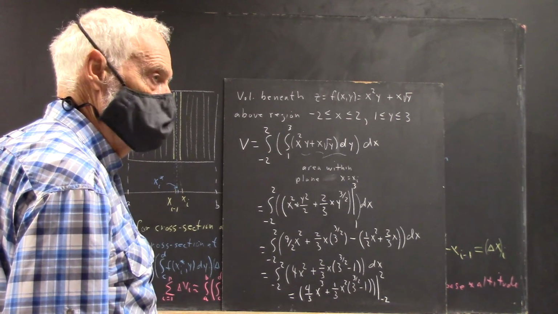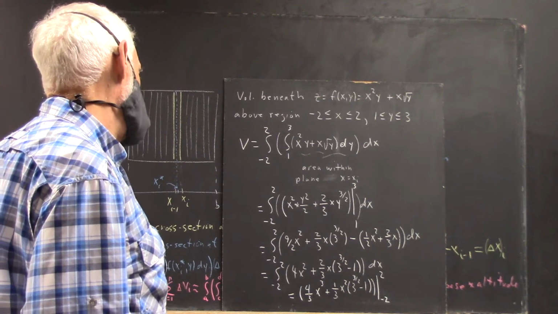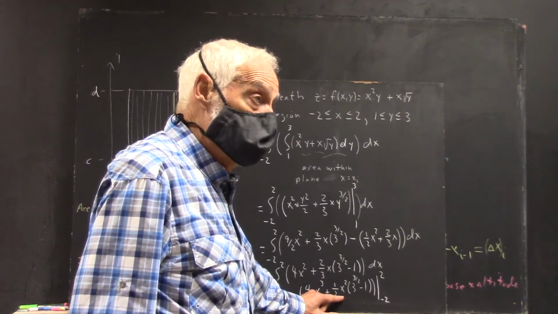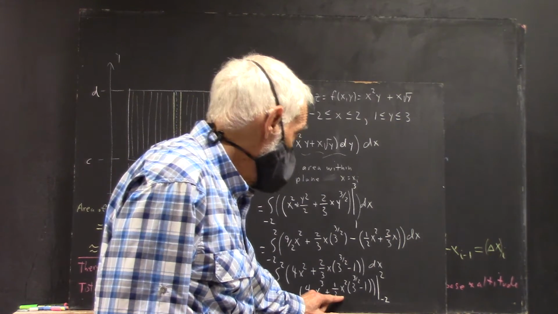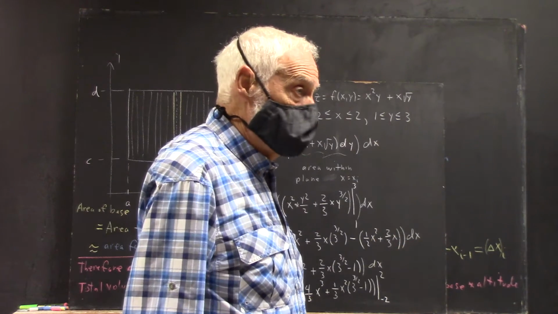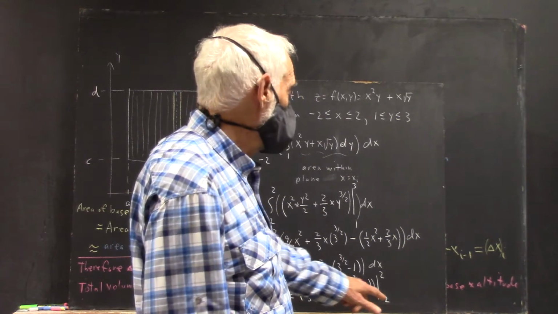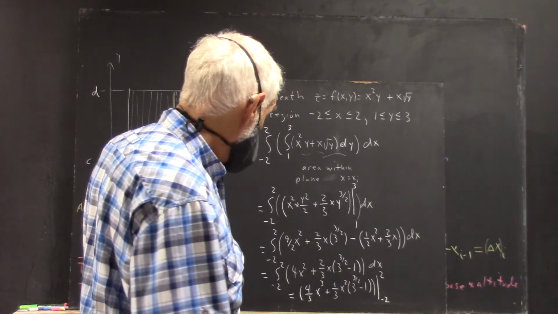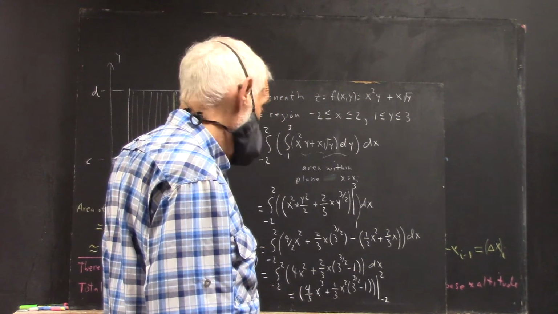Now conveniently, this term, which is just a multiple of x squared, has the same value at -2 as it does at 2. It goes away. Okay? Gives us 0. When we subtract what we get here from what we get here, since the two are equal, we get 0. Leaving us just this.